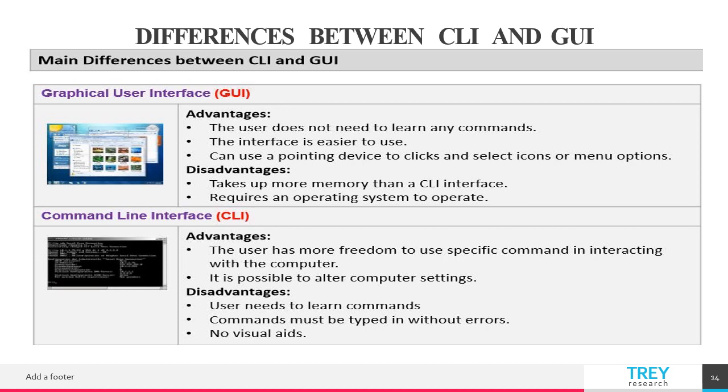To find the differences, you can take the advantages for one and differentiate them with the advantages of the command line interface. Moving on to the command line interface, the first advantage is that the user has more freedom to use specific commands in interacting with the computer.